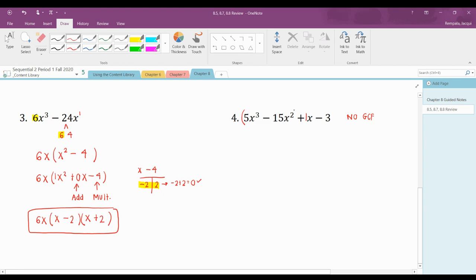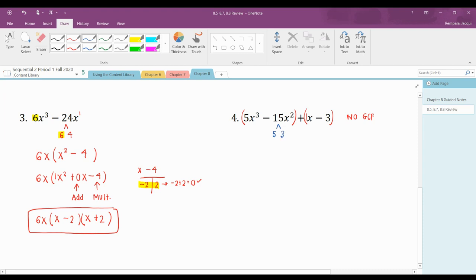I want to group the first two terms, and I want to group the last two terms, and I want an addition sign breaking them up, which luckily I have. So now I want to start trying to factor out a GCF from each parenthesis. 5x to the third minus 15x squared. Well, 5 is smaller than 15. Can I multiply 5 times something to get 15?